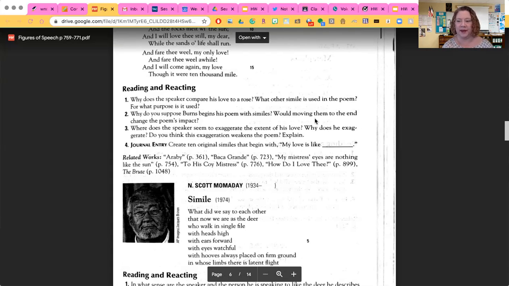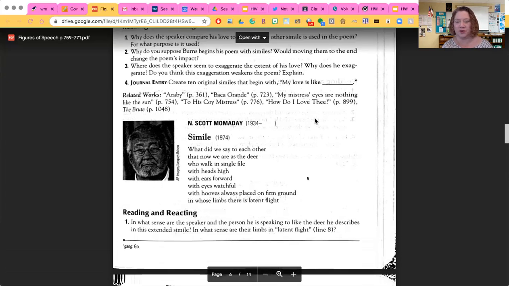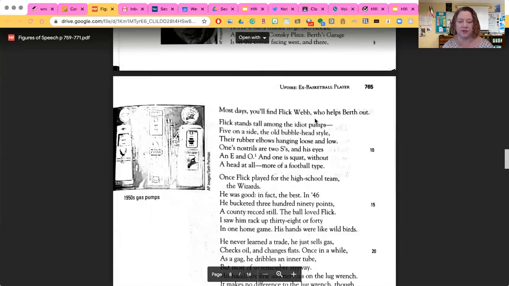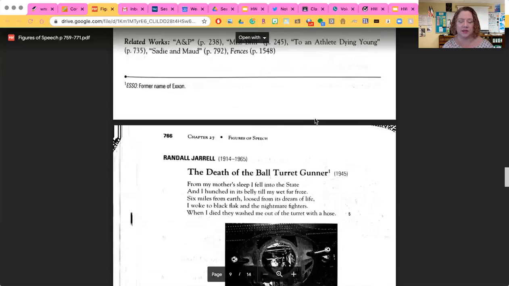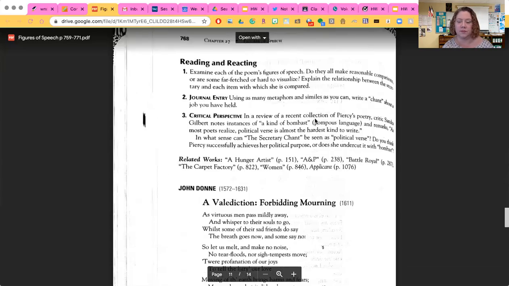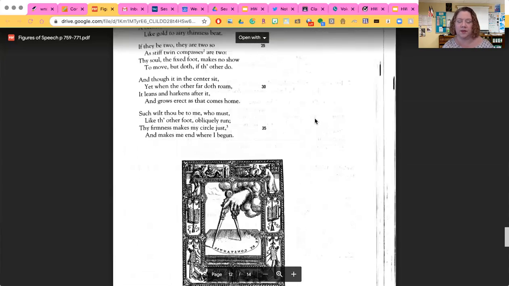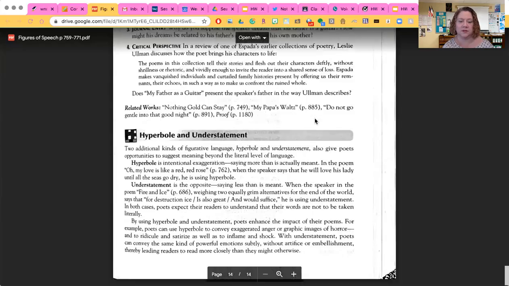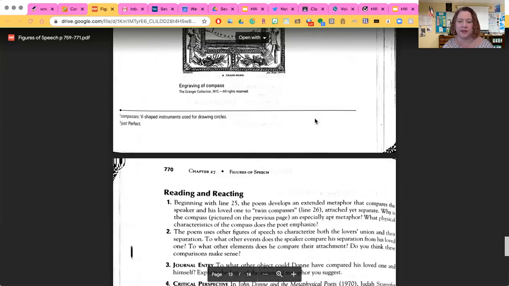But I'm not big on that. I'm not sure that that demonstrates learning. So they have a bunch of poems to look at as examples of those things. This one's pretty hefty. So that's pretty much it for that passage.